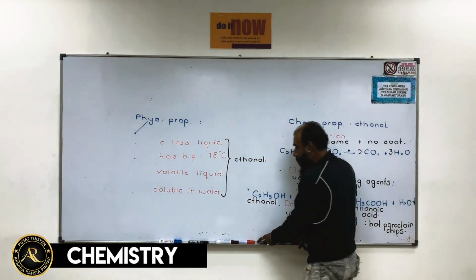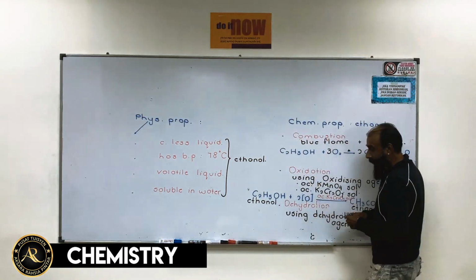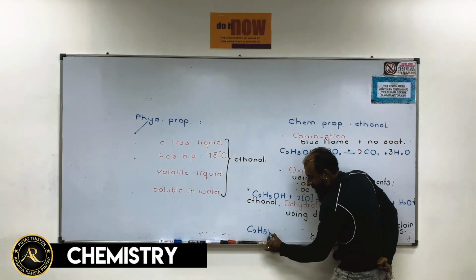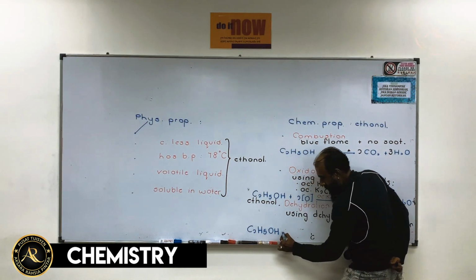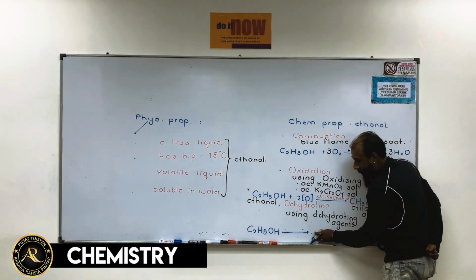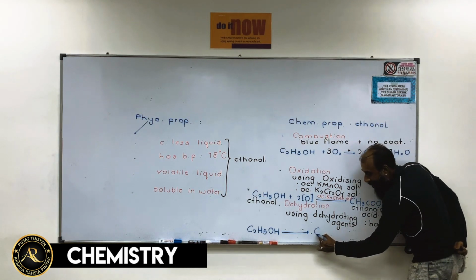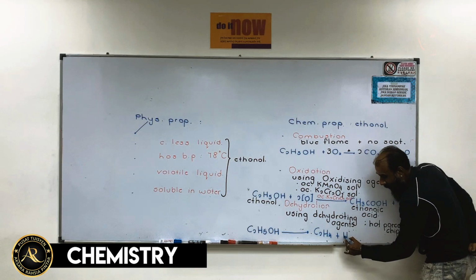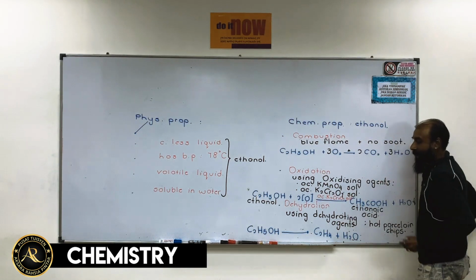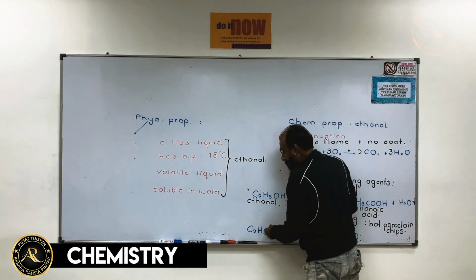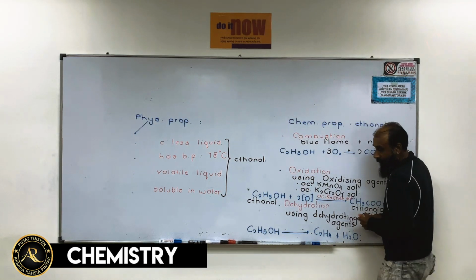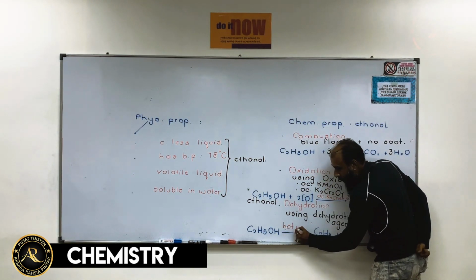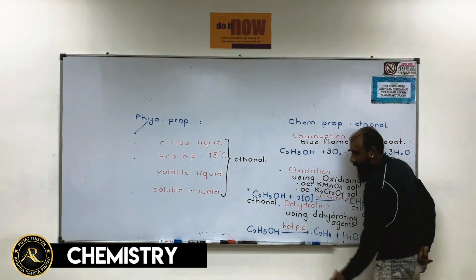Let me show you one example of the chemical equation. I use ethanol, dehydrate, my product will be ethene and water. And write the name of the dehydrating agent on the arrow, hot porcelain chips.